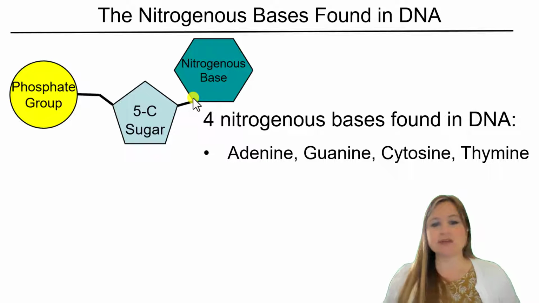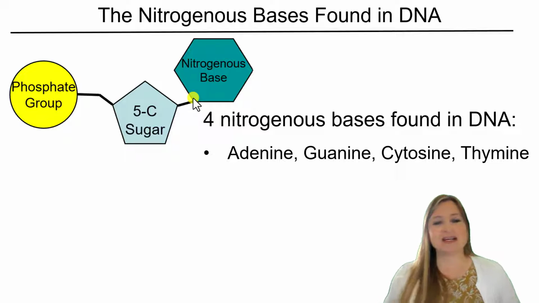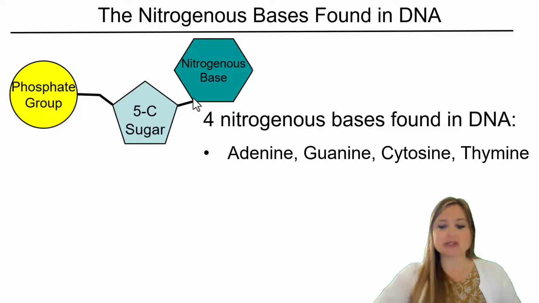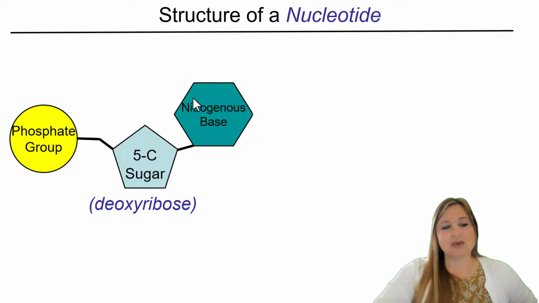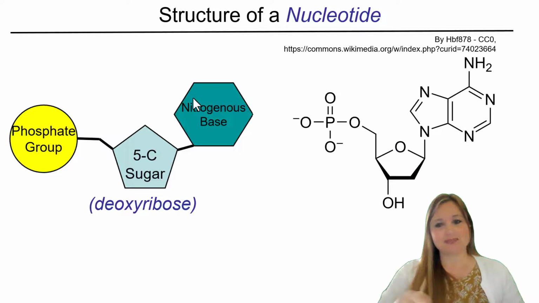There's only one base per nucleotide, but there are 4 different types of nucleotides, because we can have nucleotides that have adenine, guanine, cytosine, or thymine as the base. So this is the general structure of a nucleotide. We have our phosphate group, our 5-carbon sugar, which we know is deoxyribose, and one of 4 different nitrogenous bases.